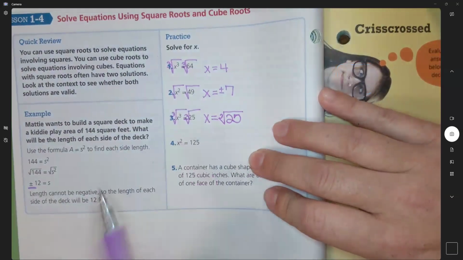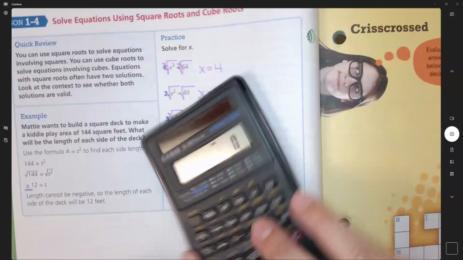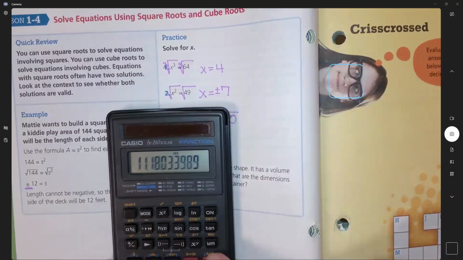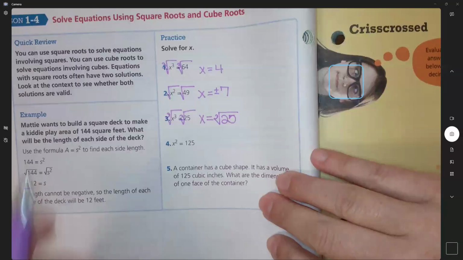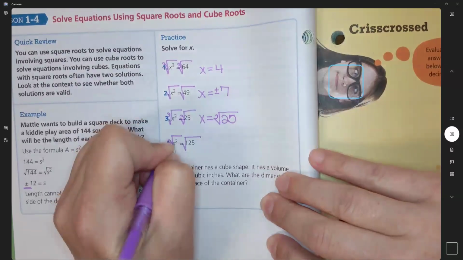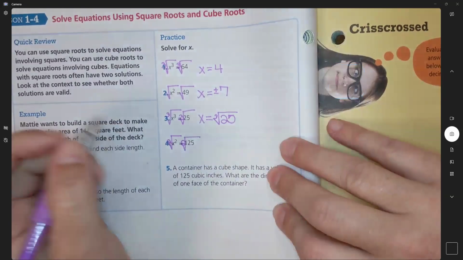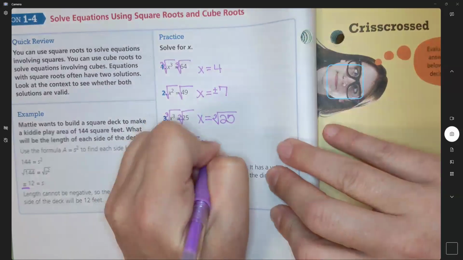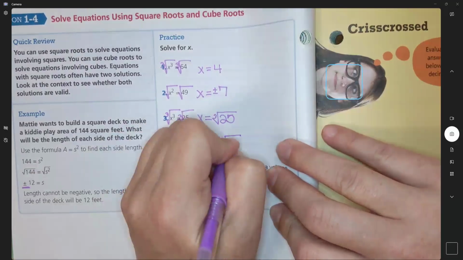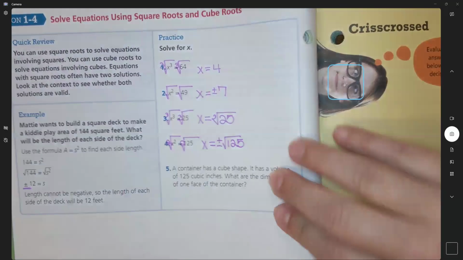And is 125 a perfect square? I don't think so. I could be wrong though. Ooh, gross. No. So, it's a square. X equals the positive or negative square root of 125.